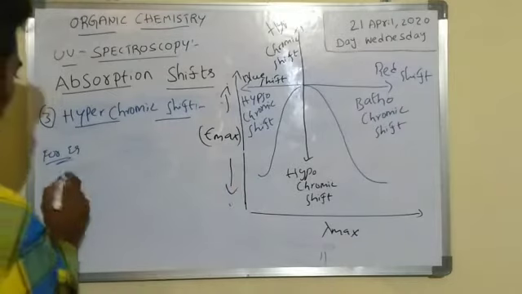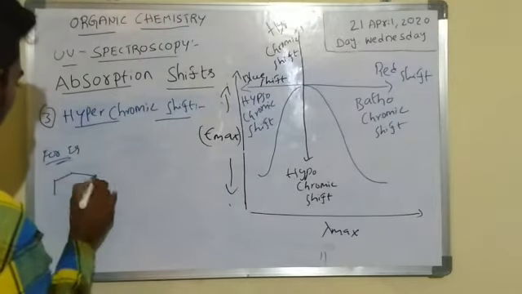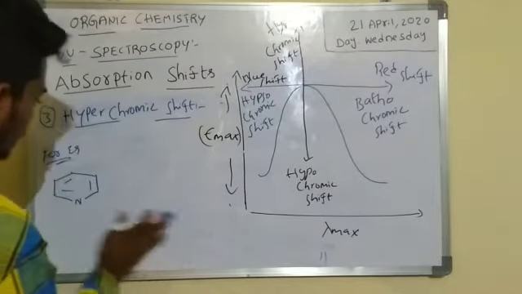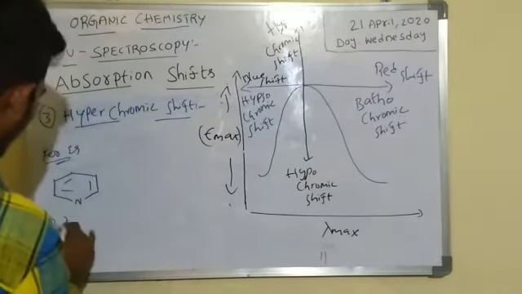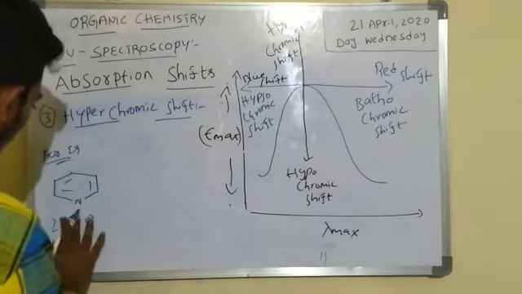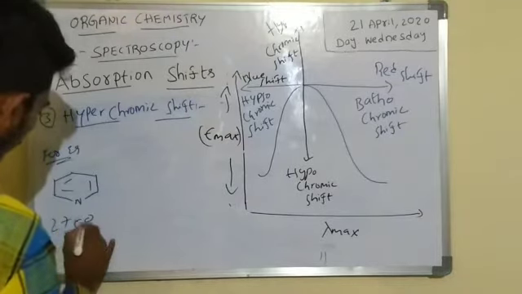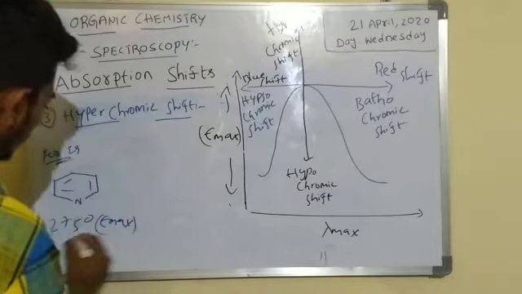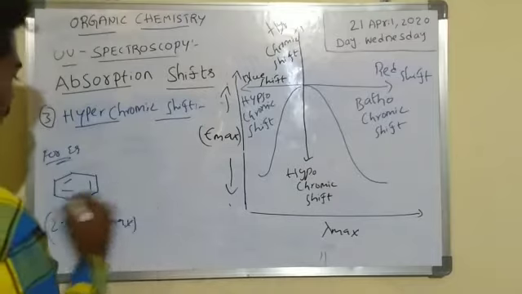For example, for hyperchromic shift, you can take pyridine. This pyridine has an intensity of absorption maximum, epsilon maximum, of 2750.